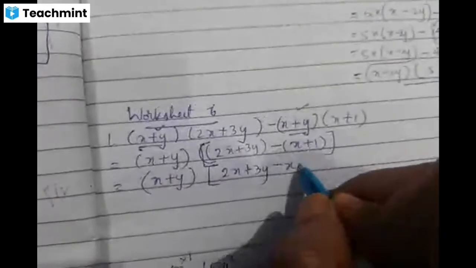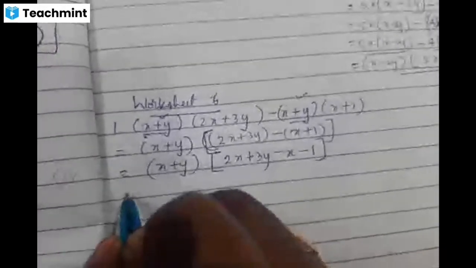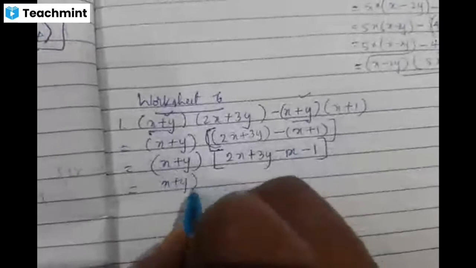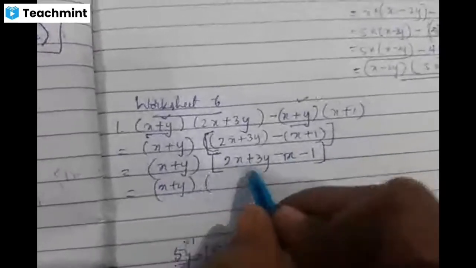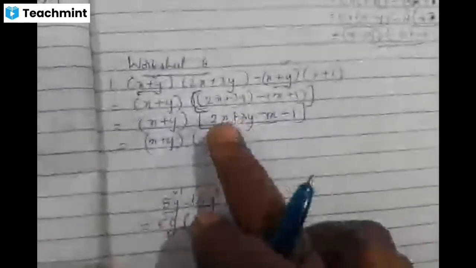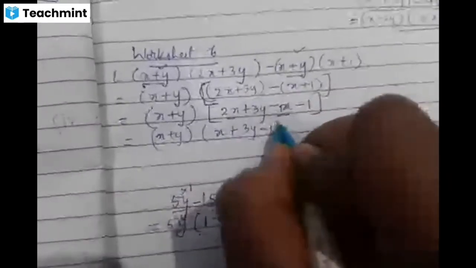Minus into plus is minus. 1 is there. 1 we will write as it is. Now, children, x means here it is 1x. Therefore, x plus y, let us solve inside the brackets here. Let us subtract the like terms. 2x minus 1x is 1x plus 3y and minus.